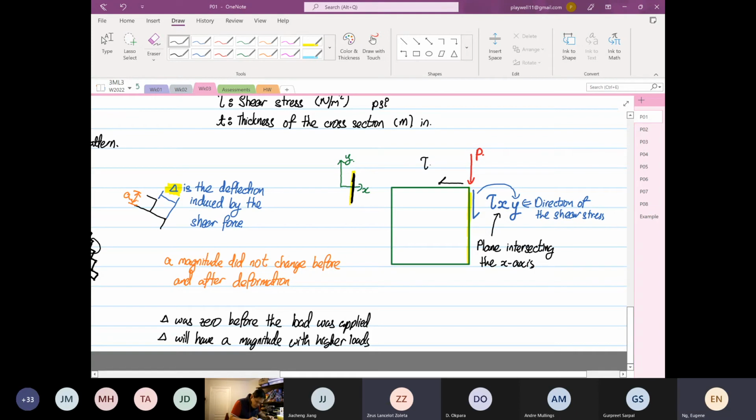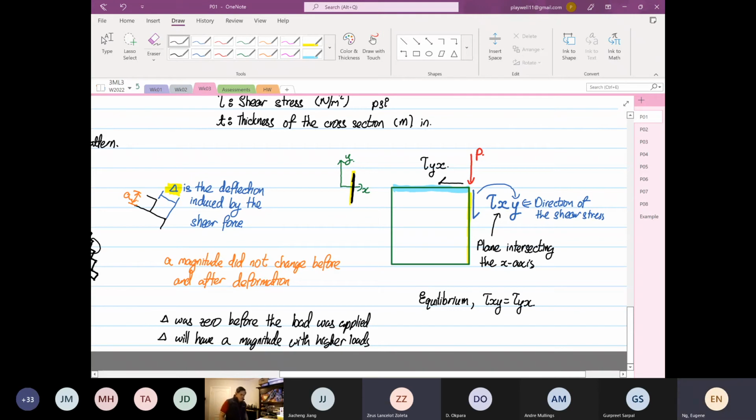The intersecting plane, this one over the horizontal plane, will intersect the y-axis, and the shear stress is in the x direction. So shear xy. To achieve equilibrium, shear xy must be equal to what? Shear yx.